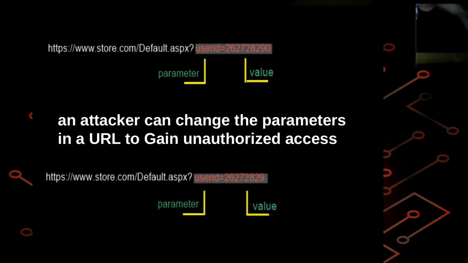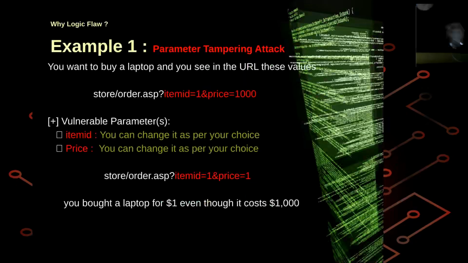So we have an example of the parameter attack. If you want to buy a laptop and you see in the URL a value like this, order ID, and you have the item ID parameter with its value 1 and the price parameter with its value 100. When we see this, we find that there are two variable parameters: the item ID, which we can manipulate, and the price parameter, which we can also manipulate.